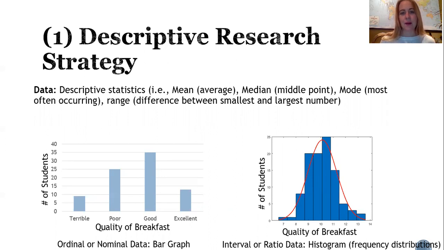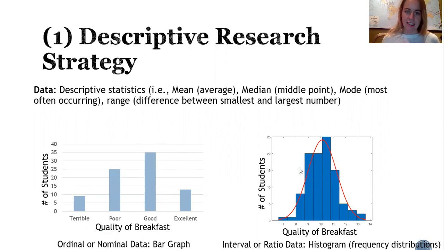So if we require participants to respond to particular options or to rate their experience on a scale, well then the kind of data that we get is nominal or ordinal data. And the way that we can describe that data is by reporting how many people respond to the different options and by reporting which option is the most common. We can display this graphically using a bar graph over here.